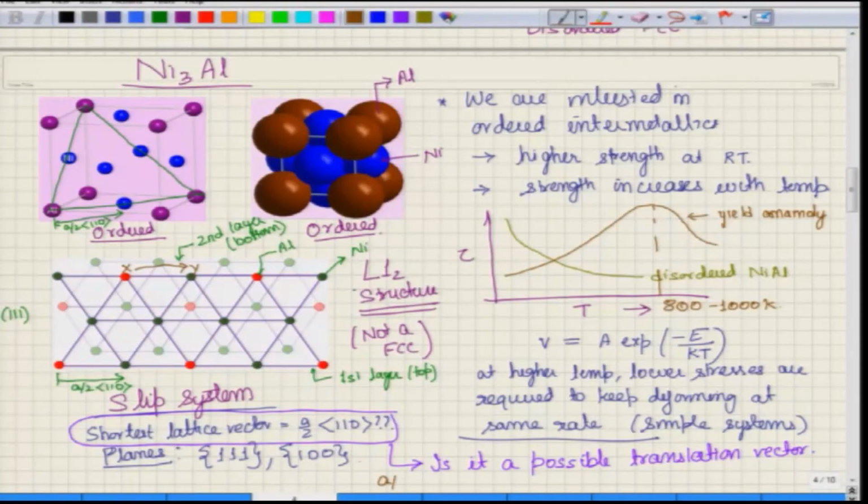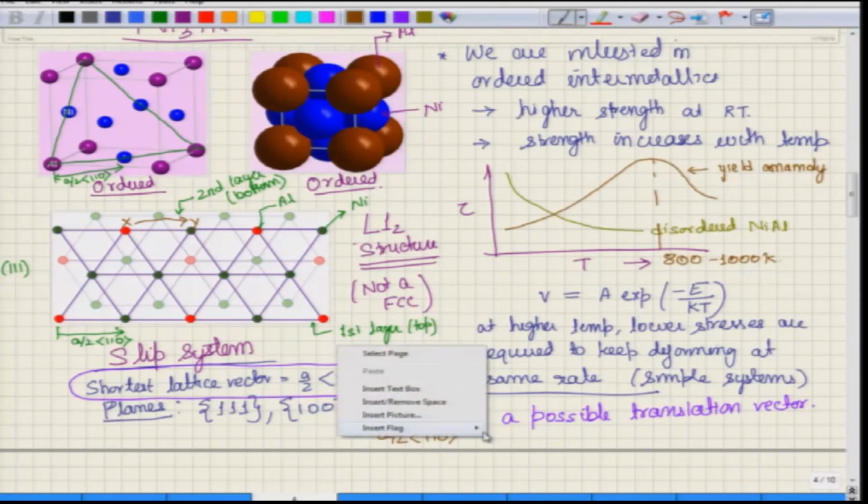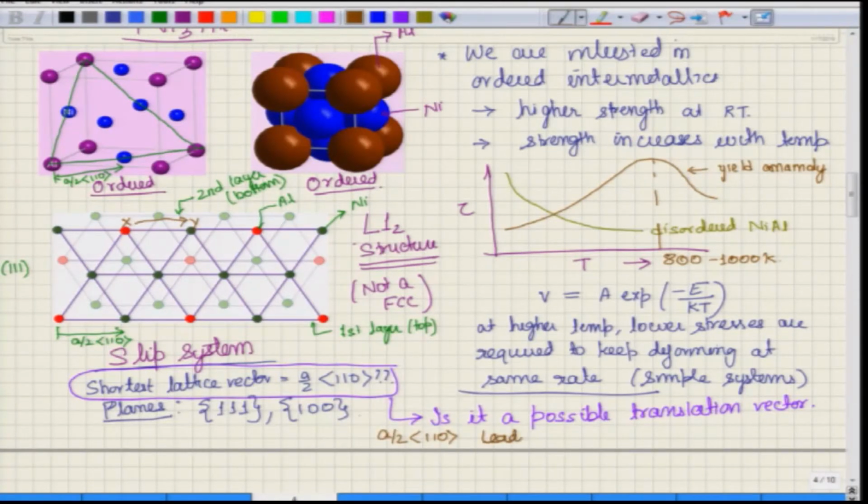So, this A by 2, and I am trying to squeeze in here because my drawing is over here, leads to nearest neighbor fault.